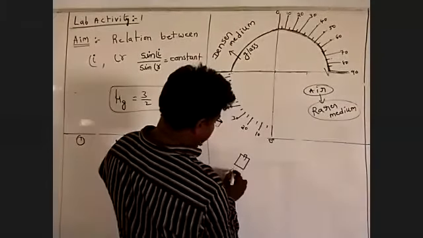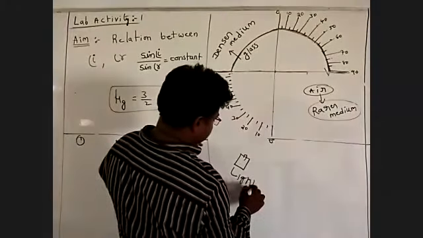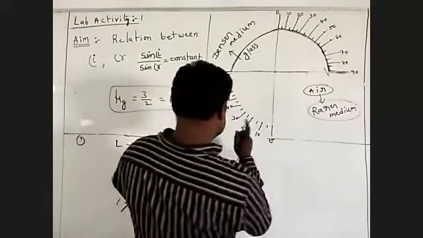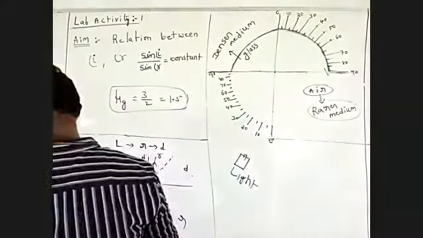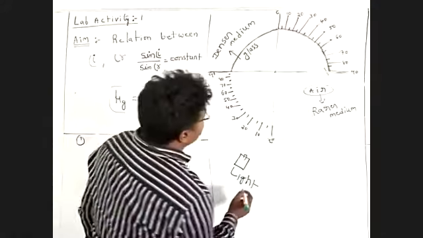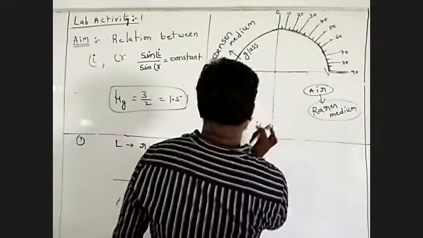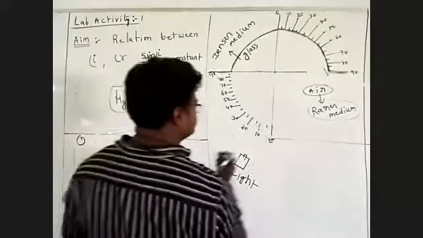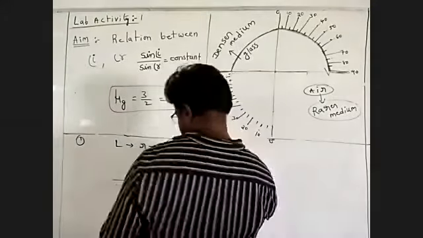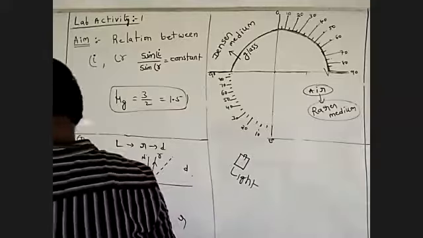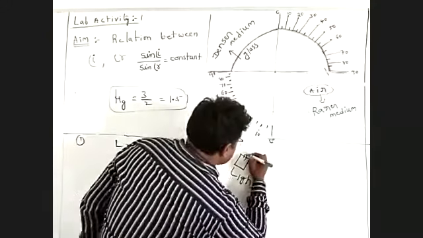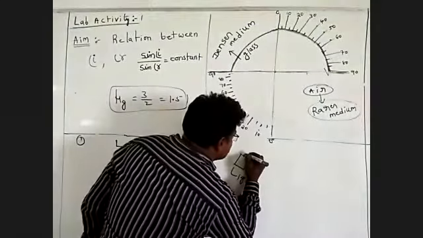This is the light. When we turn on the light, one light ray passes.